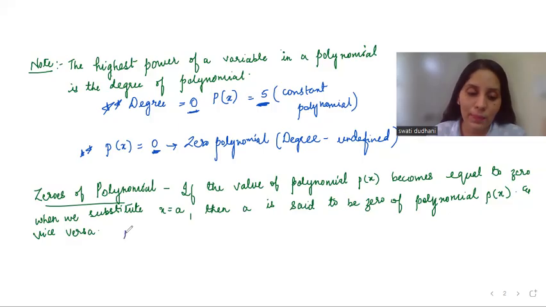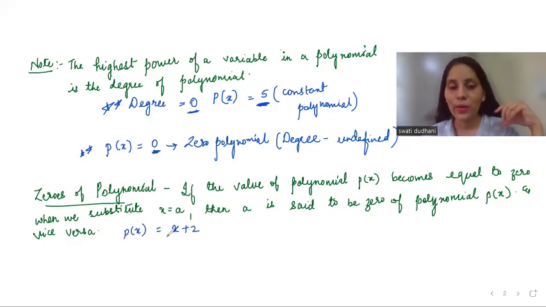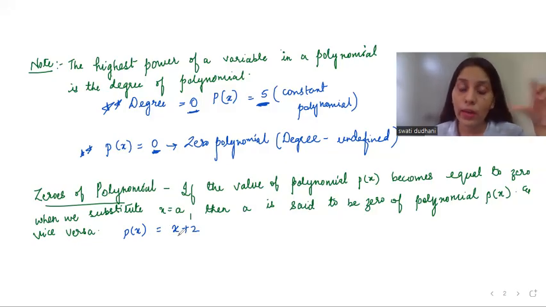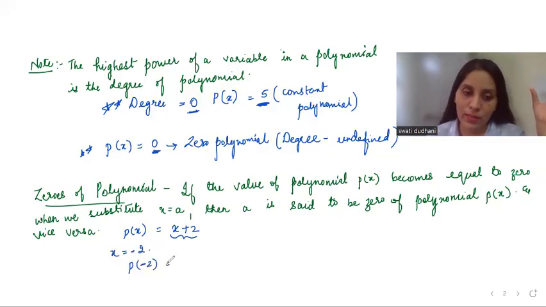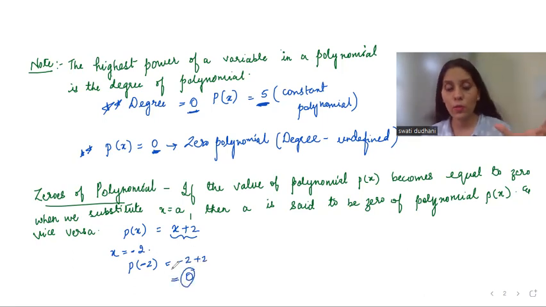Let's take an example. Let's take a polynomial P of x, x plus 2. Now I need to find out at what value of x will this become 0. So if I take x as negative 2, P of minus 2 is what? Minus 2 plus 2, which is 0. I got 0.